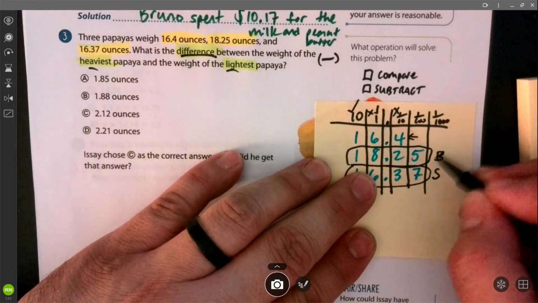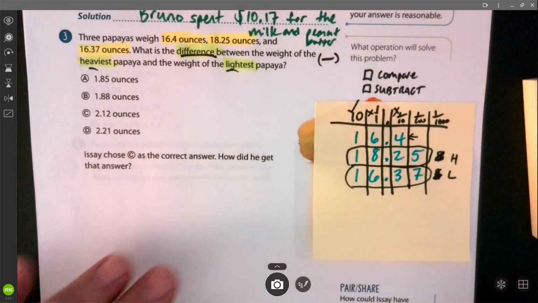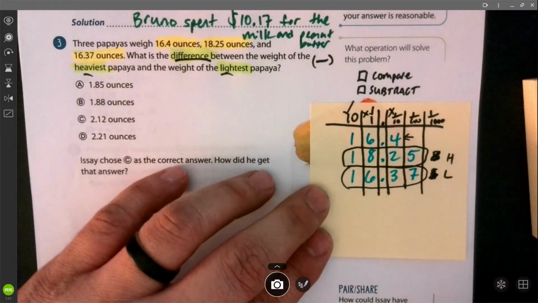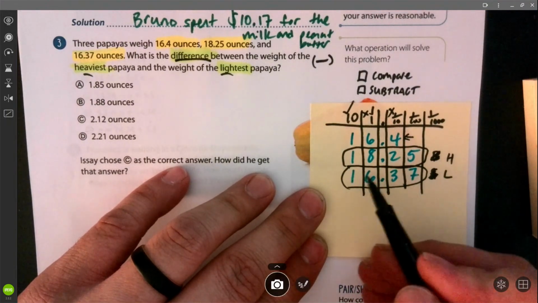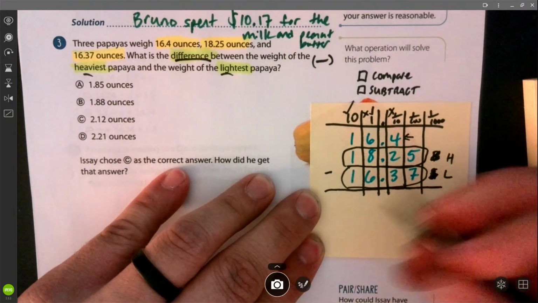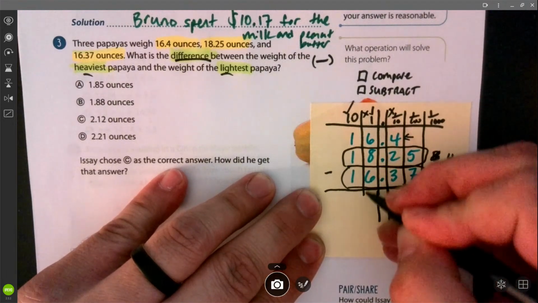I've labeled them biggest and smallest. That's the heaviest and the lightest, that's all that means. So now let's subtract them. I can leave them right here in this place value chart because I already have it. I'm just going to make these a little bit longer.